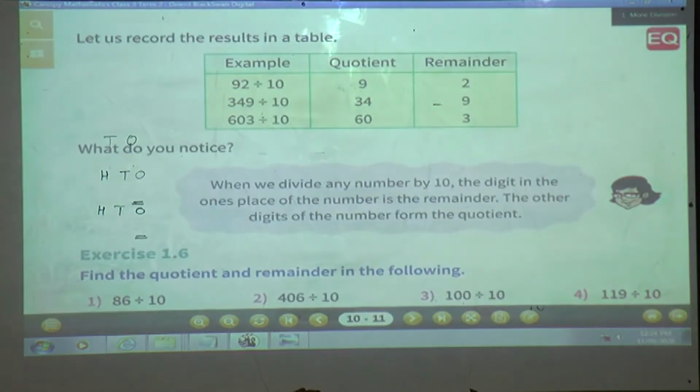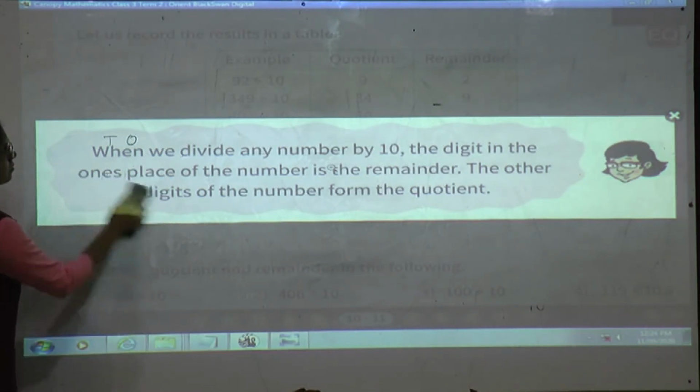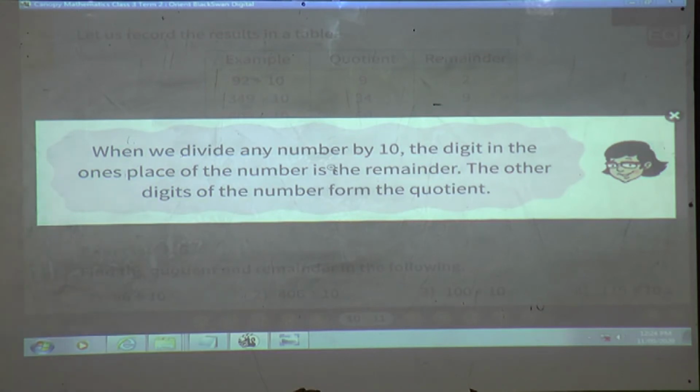From these examples we can say, when we divide any number by 10, the digit in the ones place of the number is the remainder and the other digits of the number form the quotient. Say along with me: when we divide any number by 10, the digit in the ones place of the number is the remainder.